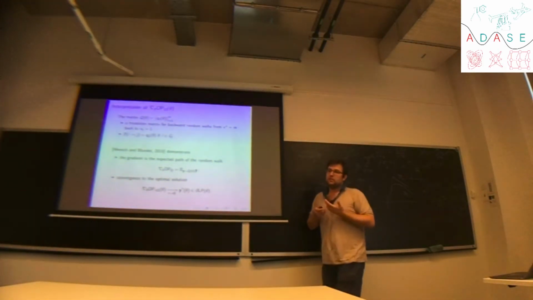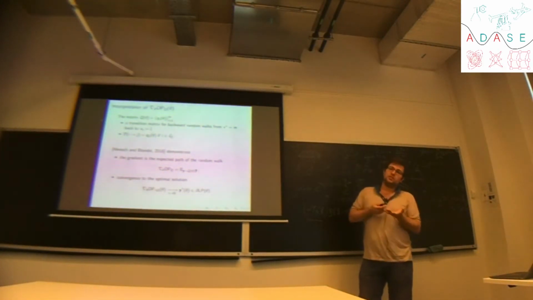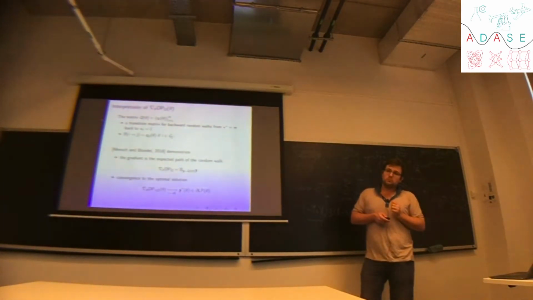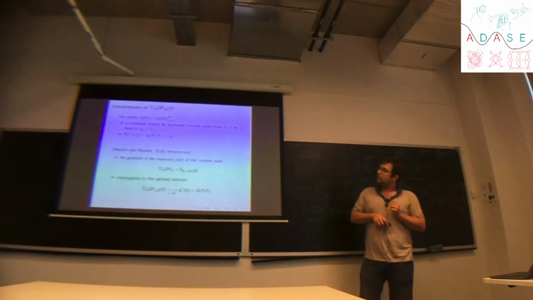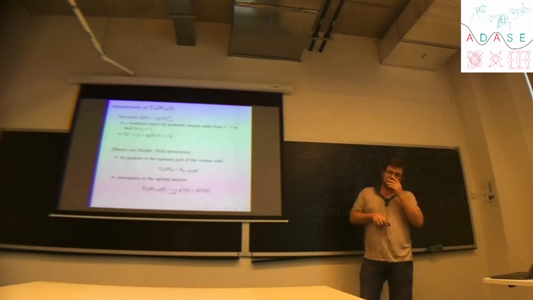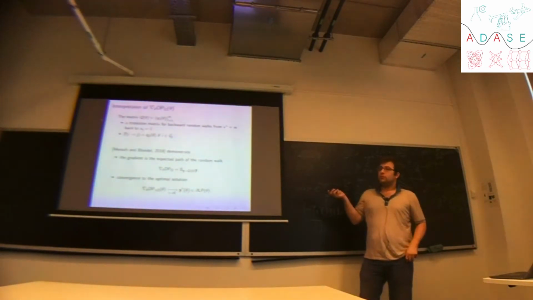So the choice of regularizer sparsifies the transition matrix.